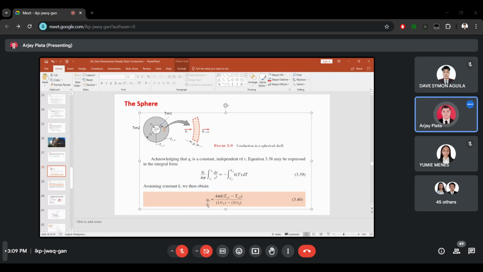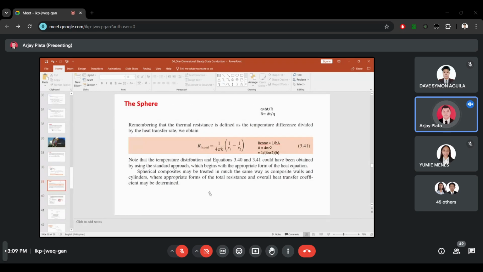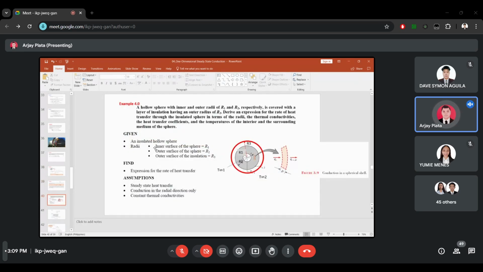Given a hollow sphere, you have to find the expression for the rate of heat transfer given the radii and the temperatures. Assumptions: steady state heat transfer, conduction in the radial direction only, and constant thermal conductivities.